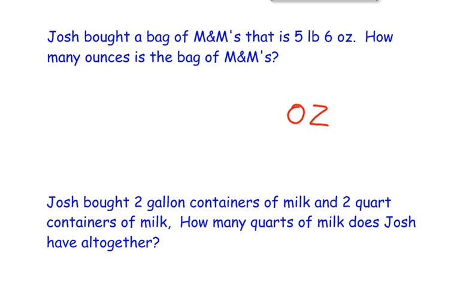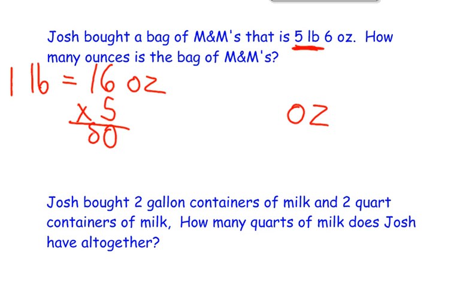So the first thing we have to figure out is if we have 1 pound, how many ounces is that? And if you think hard about it, you'll realize that 1 pound is 16 ounces. So if 1 pound is 16 ounces, however, we have 5 pounds. So that would be 5 groups of 16, or 16 times 5.